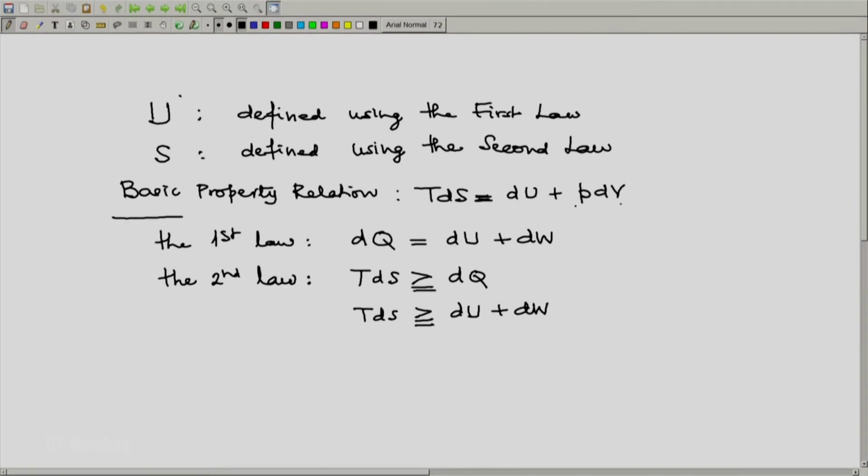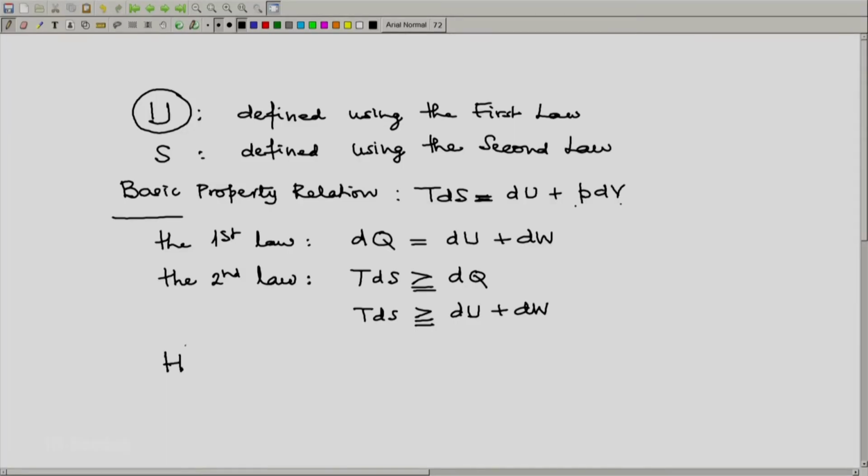Just the way we have U, in fact we have started using enthalpy without really appreciating its use. Its use will be appreciated only when we go to the study of open thermodynamic systems.